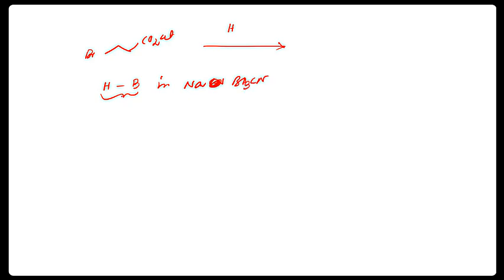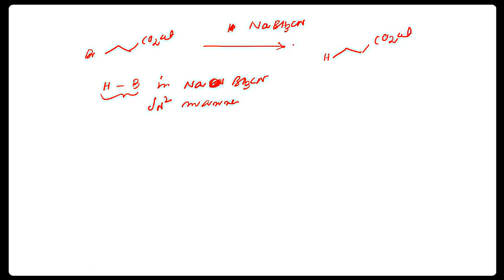NaBH3CN acts as a nucleophile and acts in SN2 manner. So what will happen if we treat this compound with sodium cyanoborohydride, NaBH3CN? Then the hydride will act in SN2 manner and will replace this bromo. So bromine will be replaced by hydrogen.